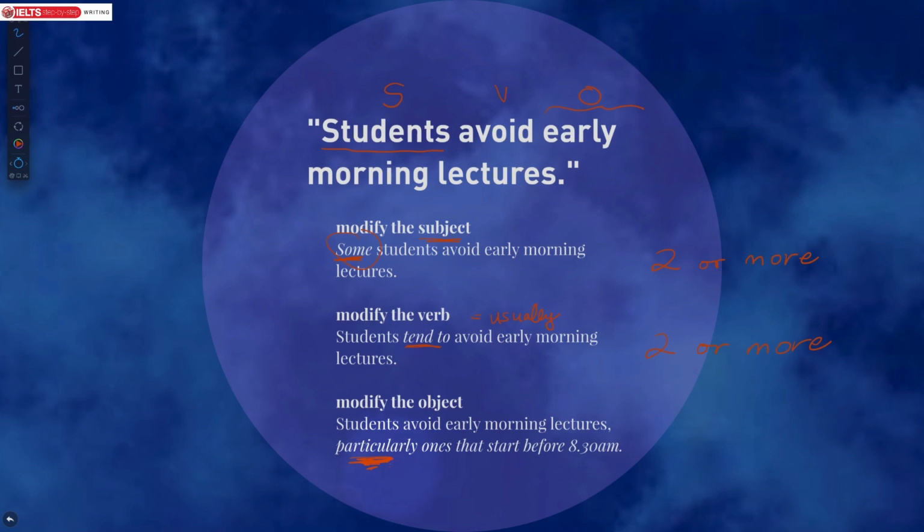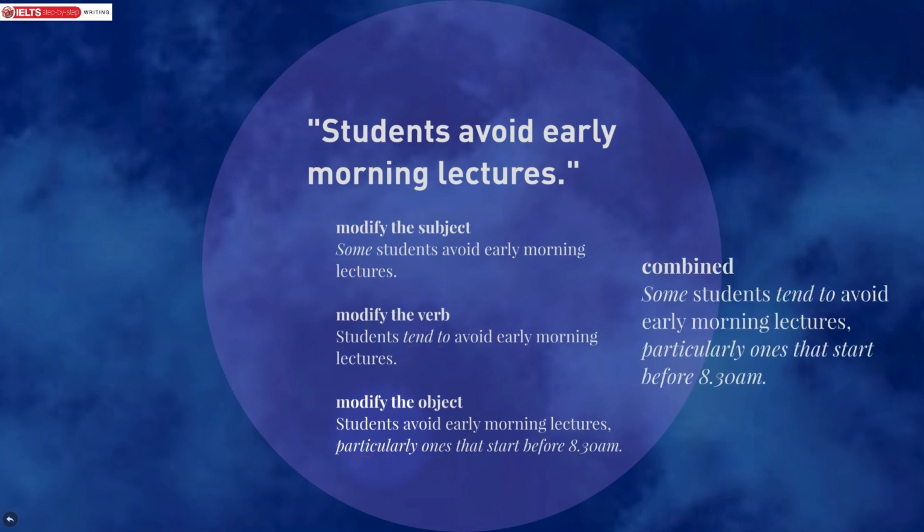Okay, so what we're going to be doing is looking at some ways of combining all of this together. So if I combine 1, 2, and 3, I get this. Some students tend to avoid early morning lectures, particularly ones that start before 8:30 a.m. Now, that is very difficult to refute. It's irrefutable.